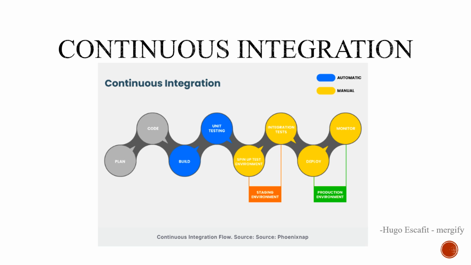CI is all about automating the process of putting changes to code together, and continuous delivery is all about automating the process of getting that code to the right setting, which is outside of the scope of this presentation.